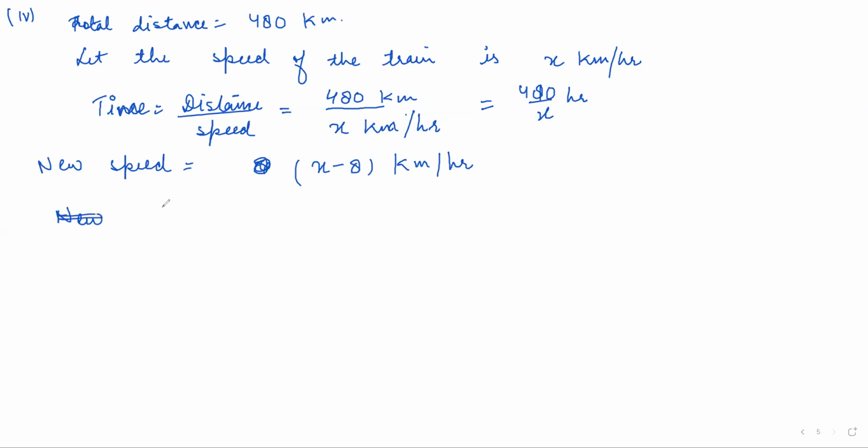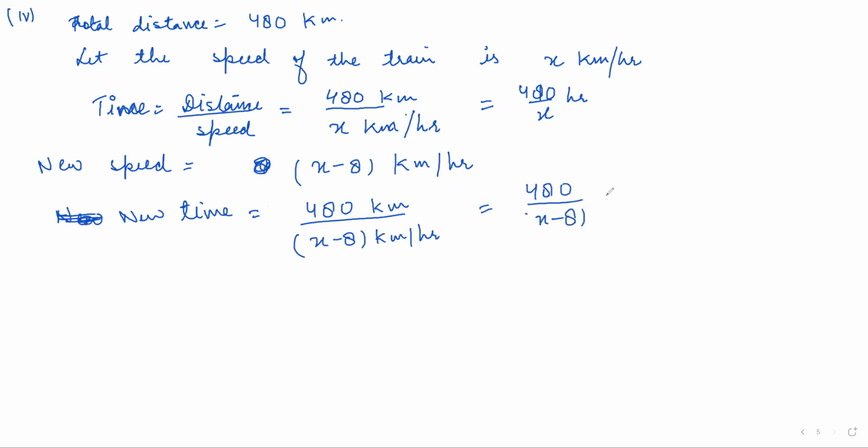The distance is again 480 kilometers, and the new speed is x minus 8 kilometers per hour. So kilometers cancel out, and 480 divided by x minus 8 hours is the time taken now.